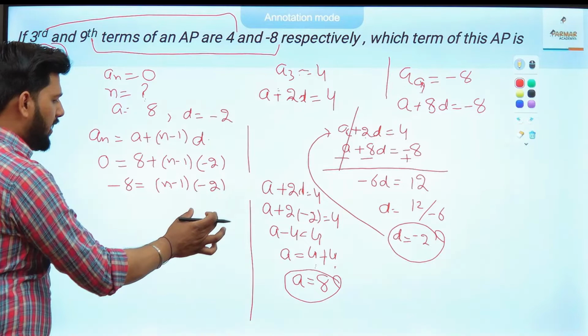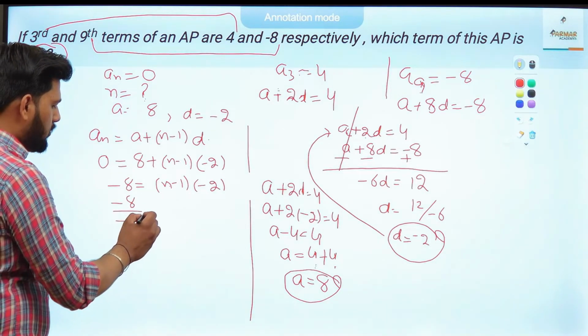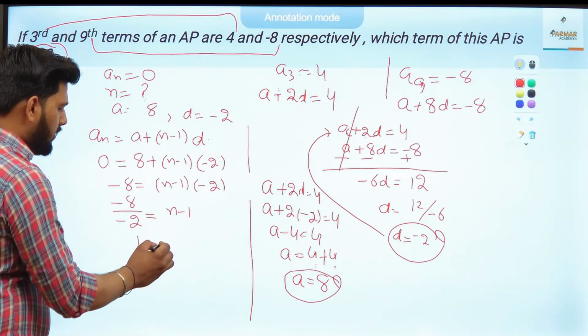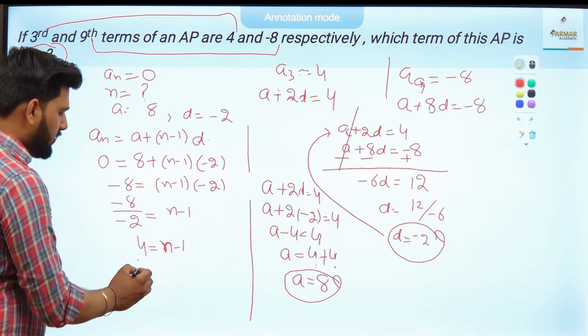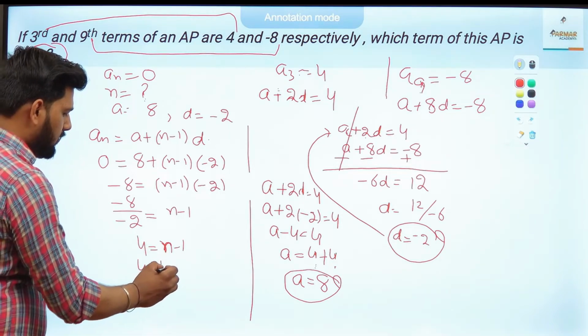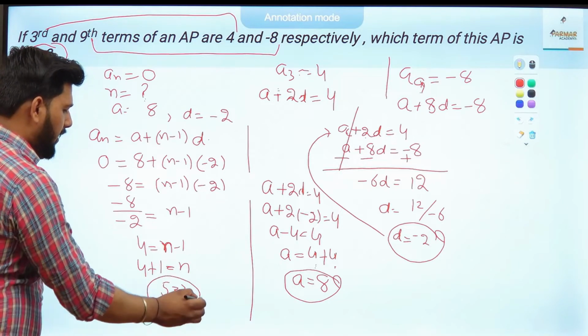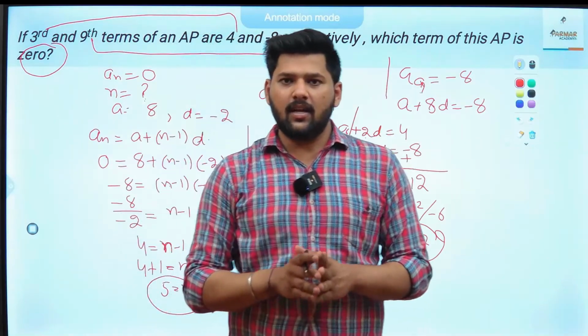Now minus 2 gets divided this side: minus 8 upon minus 2 is equal to n minus 1. So 4 is equal to n minus 1. So 1 gets added this side, so n is 5.